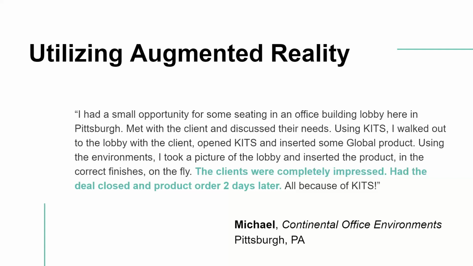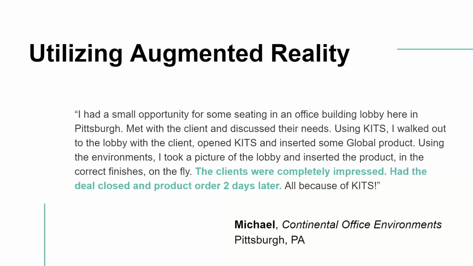He met with a client, discussed the needs using the Kids Collaborator, and took a picture of the lobby where they needed to put the furniture, and then they put some global seating there. You can do this in no more than 2 minutes. You can drag the furniture and then do your photo, and the clients were completely impressed. We had the deal closed and the product order 2 days later, all because of Kids.